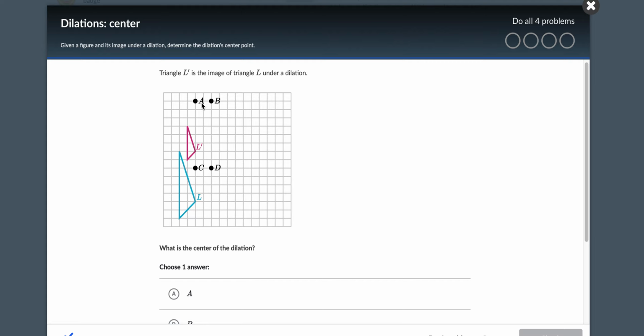Okay, so triangle L prime is the image of triangle L under a dilation. So first we need to figure out what the dilation actually was.